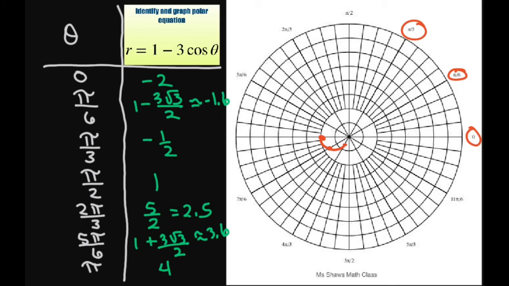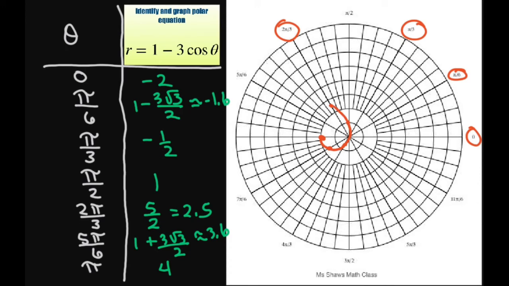Now, let's see, what do we have next? Pi divided by 2, we're at 1. So it's coming up through here. All right. And then at 2 pi divided by 3, we're at 2.5. 2.5 is in here.